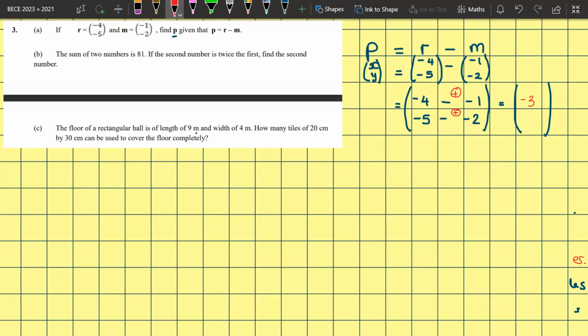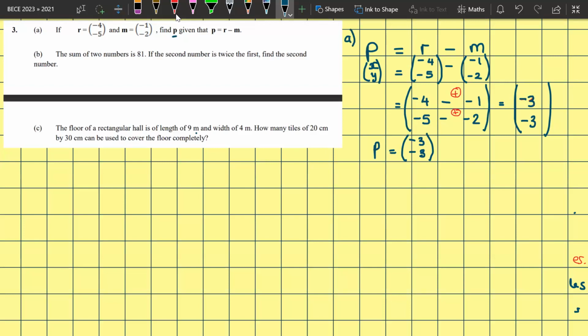So -5 add on 2 is -5 degrees cold, getting 2 degrees warmer, that would be -3. Okay, I'll write all that in blue then. So P is the column vector (-3, -3).